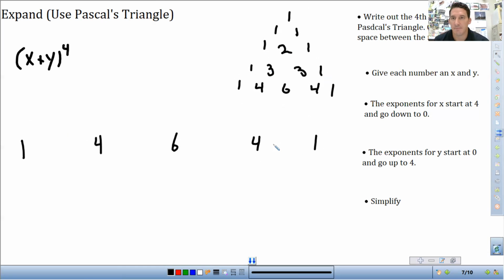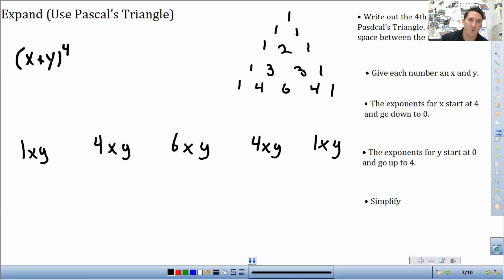Plenty of space in between them. Give each number an x and a y. Because we're using x and y, this will change depending on what these variables are. So it's going to be x, y, x, y, x, y, x, y, x, y. The exponents for the x start at 4 and go down to 0.